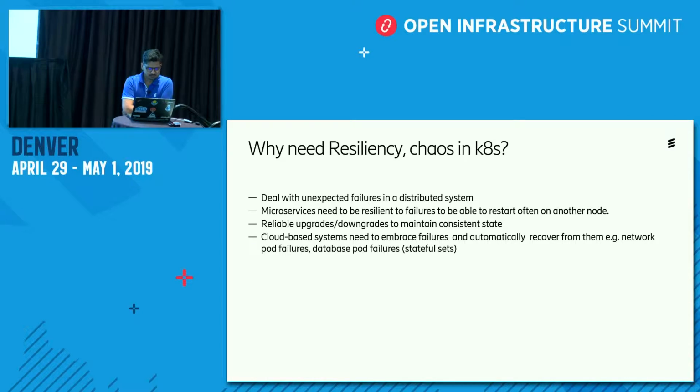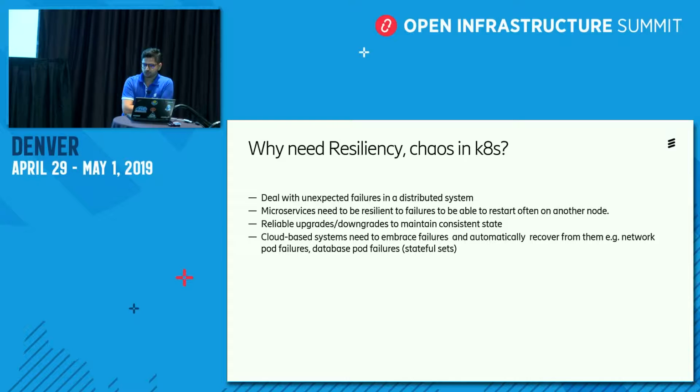The main reason we do resiliency testing is to deal with unexpected failures in a distributed system like Kubernetes, which orchestrates the containers. And as we move to the microservices architecture, it needs to be resilient. That is the most important thing that we expect out of a containerized deployment, so that it restarts either on the same node, or whenever there are pod failures because of lack of resources or any other issues, it can seamlessly come up on other nodes in the cluster.